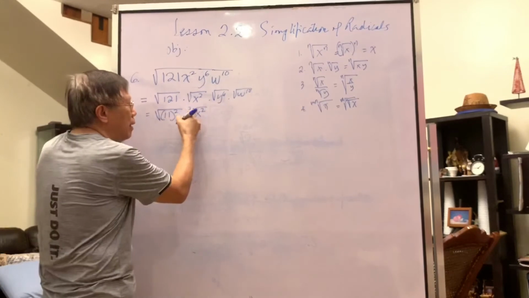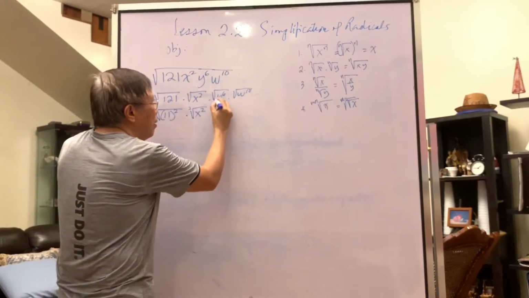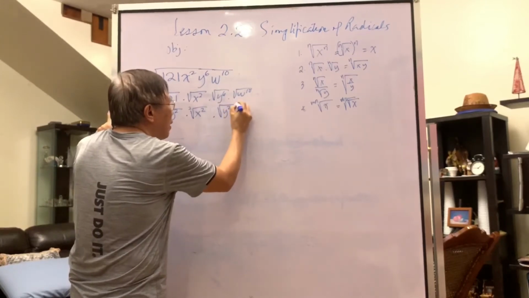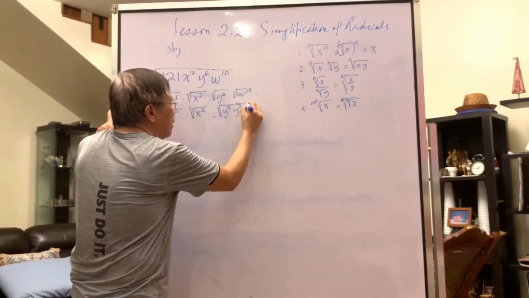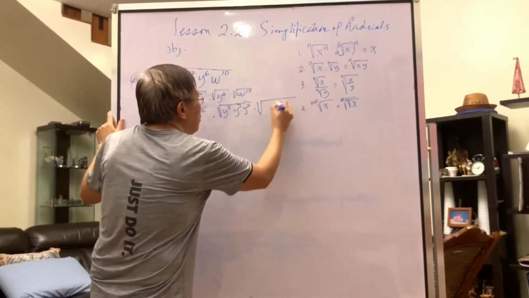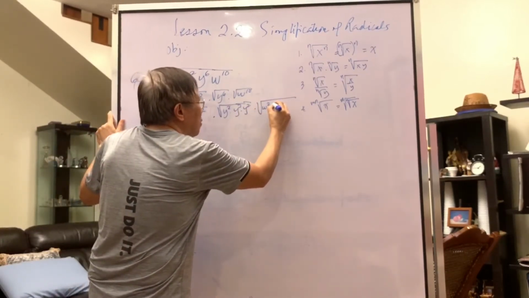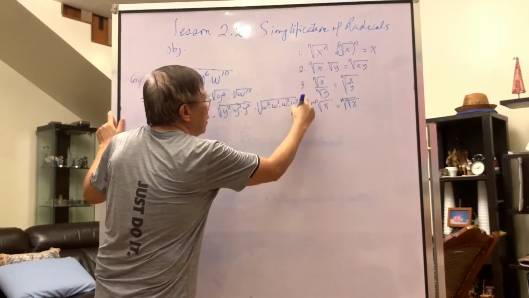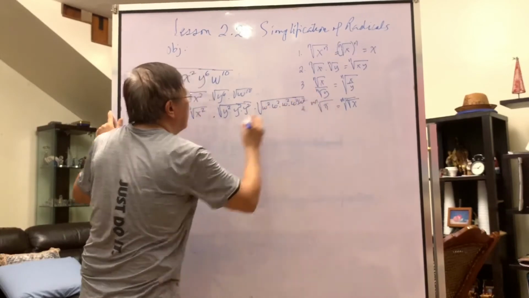That's same index and same exponent. And we may opt to write y to the 6 as y squared times y squared times y squared. Similarly, w to the 10 is w squared times w squared times w squared times w squared and one more w squared.